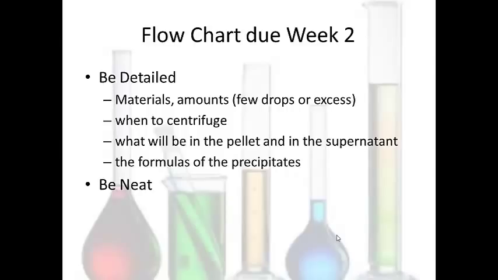At what step do you centrifuge? And what will be in the pellet, which is in the bottom, the solid material, and what you expect to be in the supernatant, which is the solution above it, what the formulas are of the precipitates that you're making, and how this whole scheme is going to separate all 4 of these ions. So that's due at the beginning of week 2.